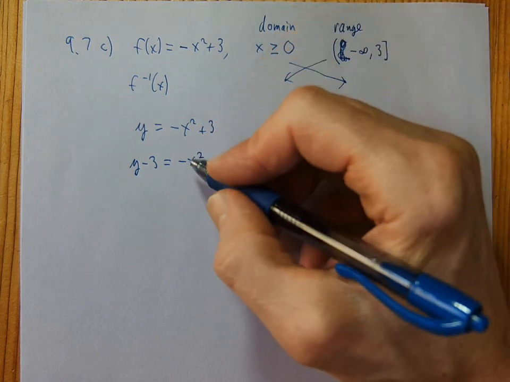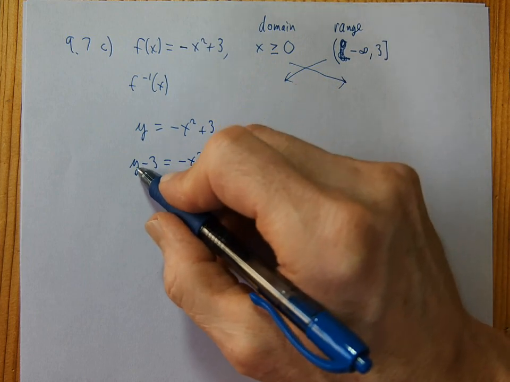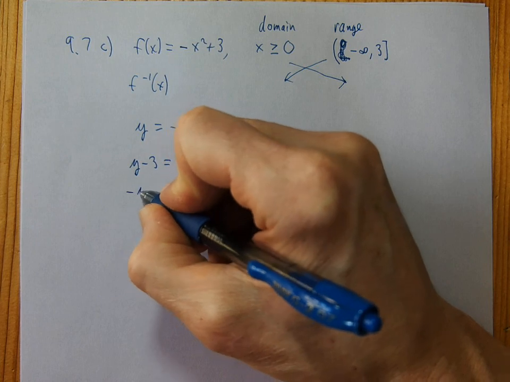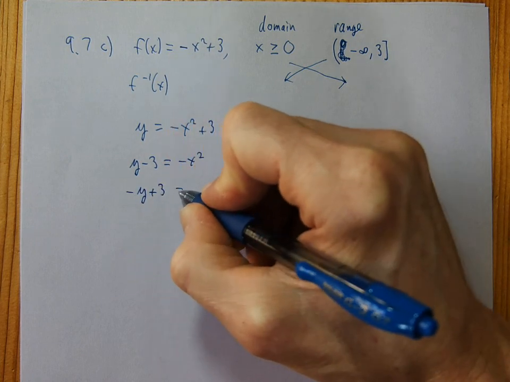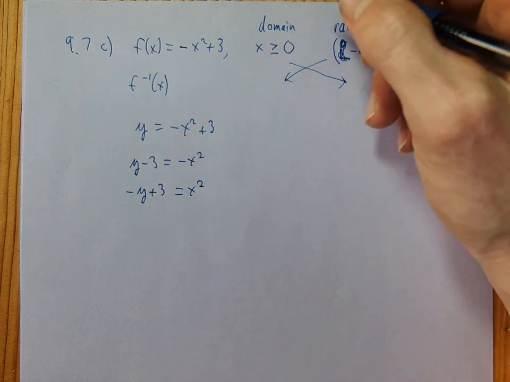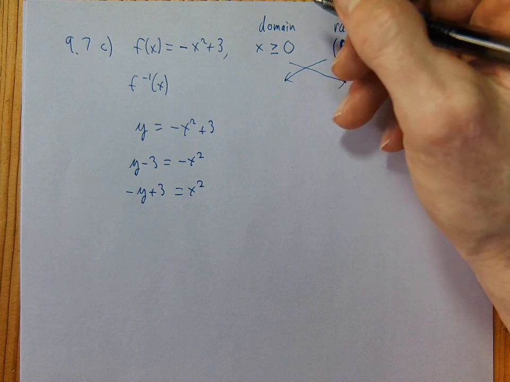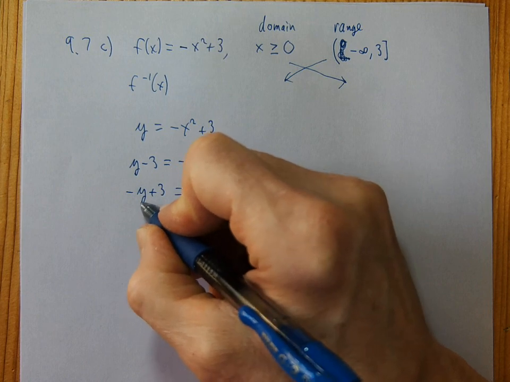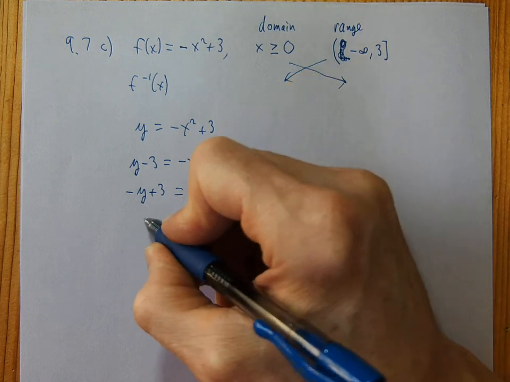Let's negativize everything, so make this side negative to get rid of the negative there. So we have negative y plus 3 equals x squared. Now take the square root of both sides. And we have, I'm going to put it 3 minus y because that just looks nicer.